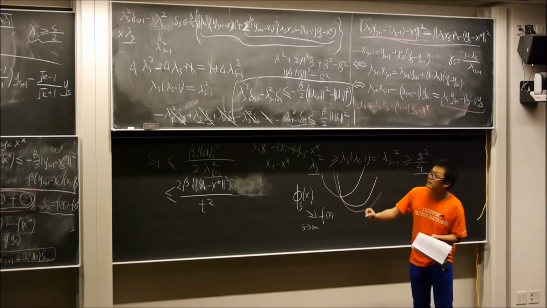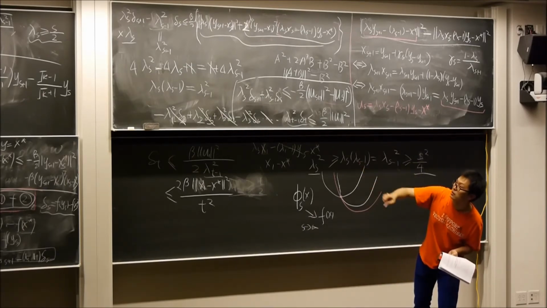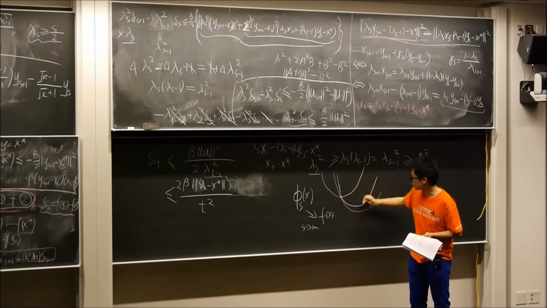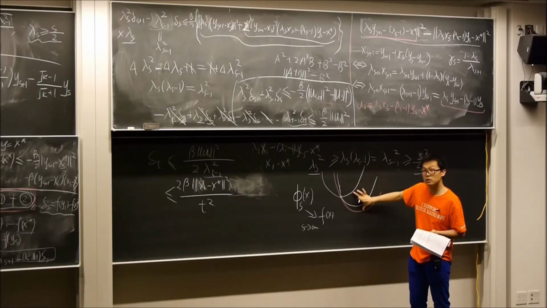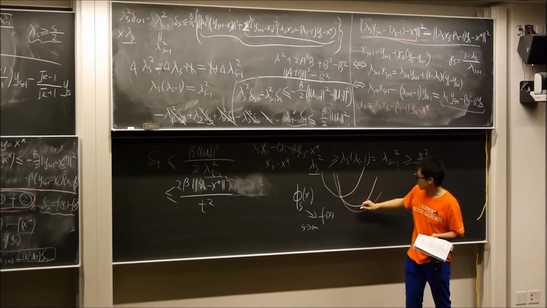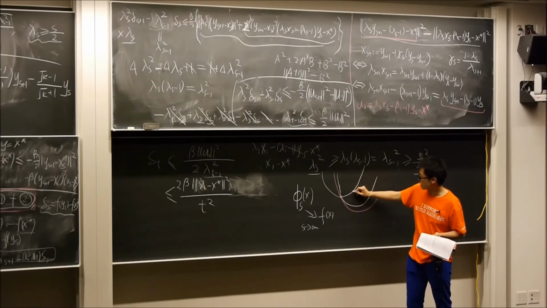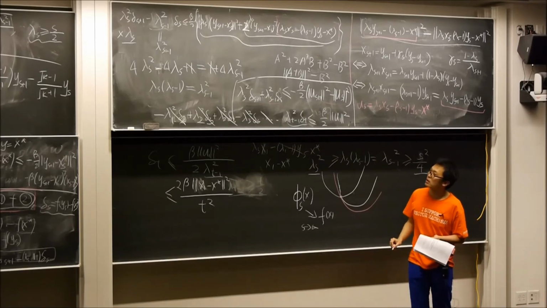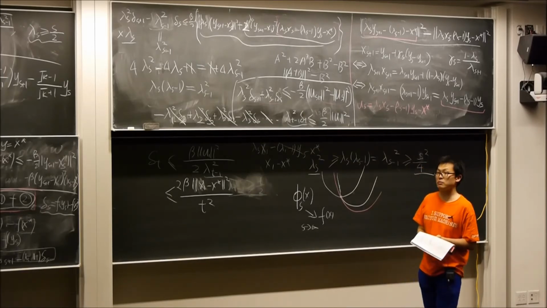And the second step in the accelerated gradient algorithm is an interpolation between these two functions, by some predefined ratio, which is related to the condition number.